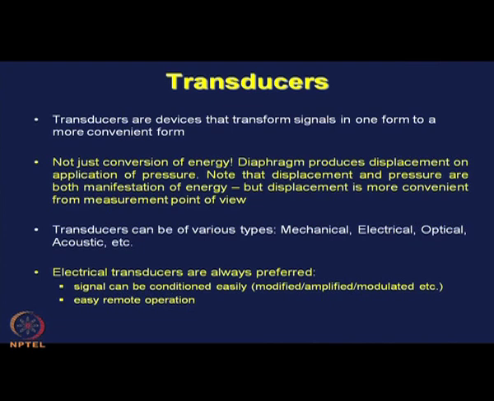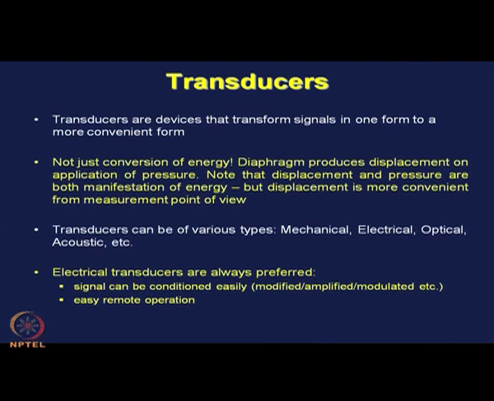Transducers can be of various types: mechanical types, electrical types, optical types, acoustic type, etc. Obviously, electrical transducers are always preferred because there are several advantages associated with electrical transducers.